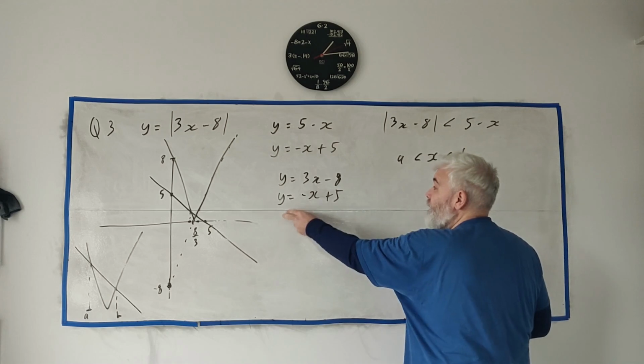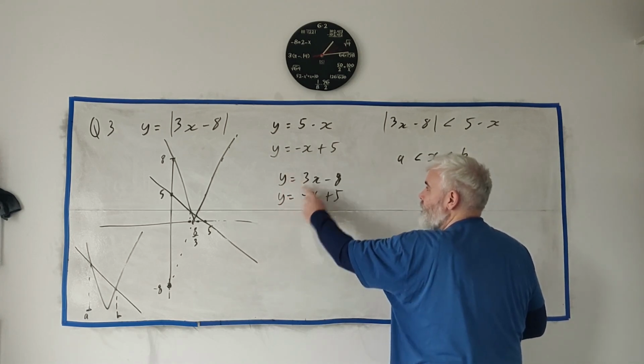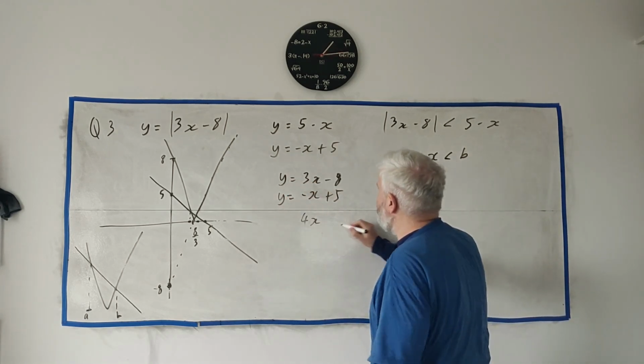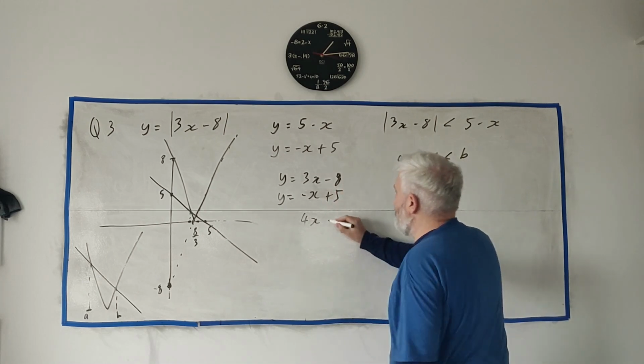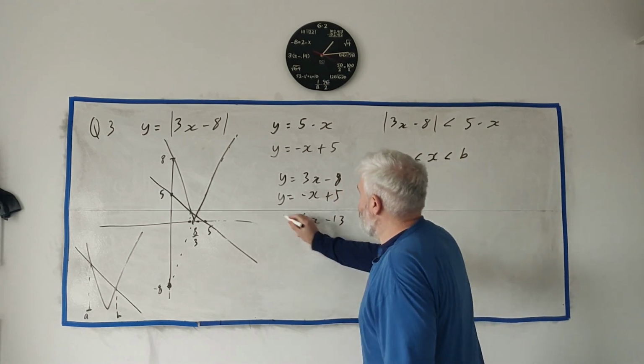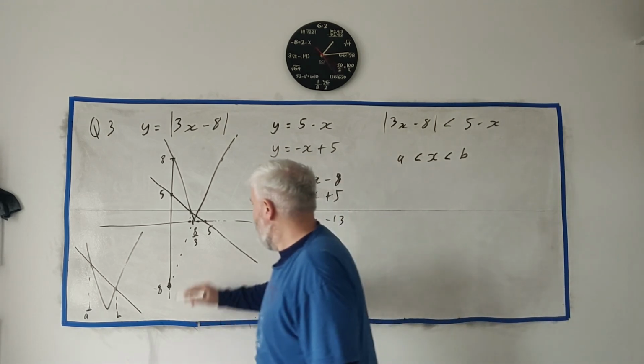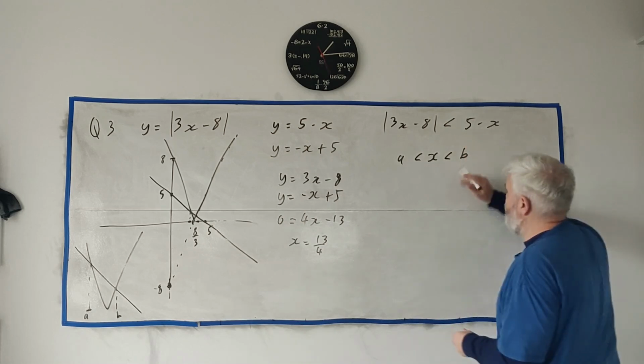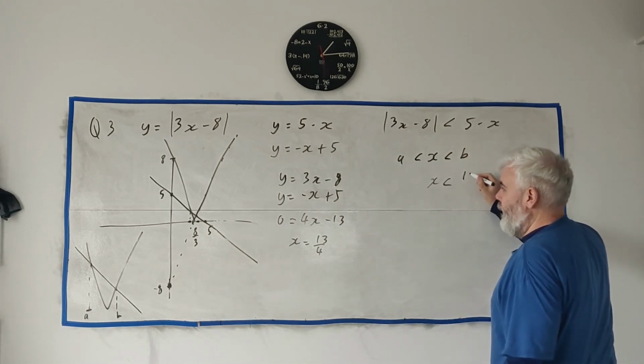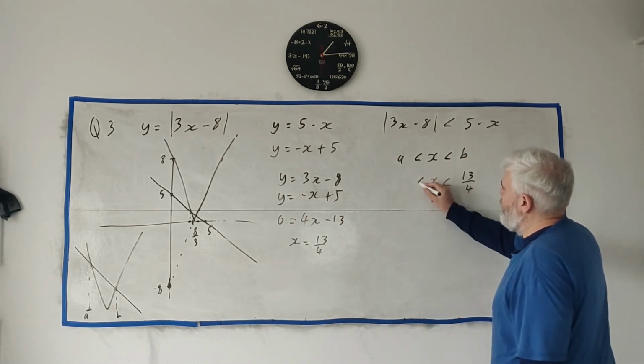Take them away. This one minus this becomes 4x. This minus this, minus 13, is 0. x is equal to 13 over 4. That's this point here. x is less than 13 over 4.